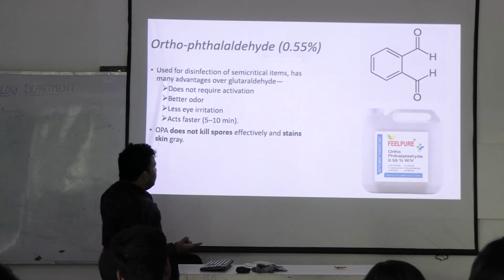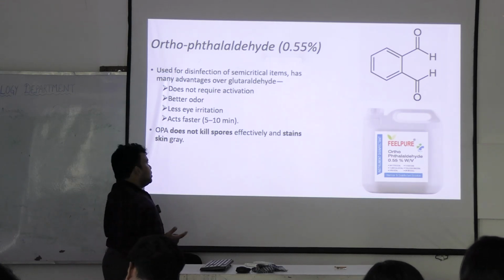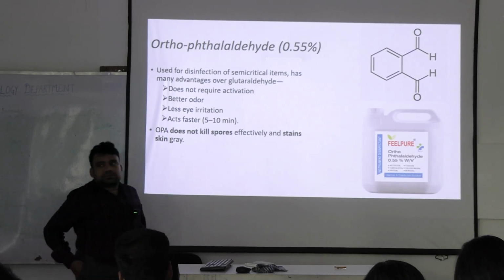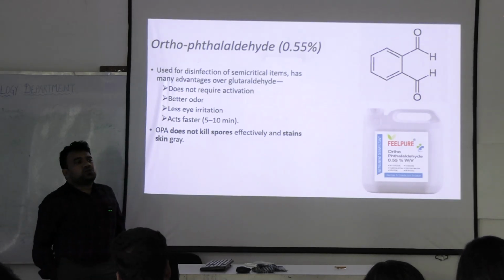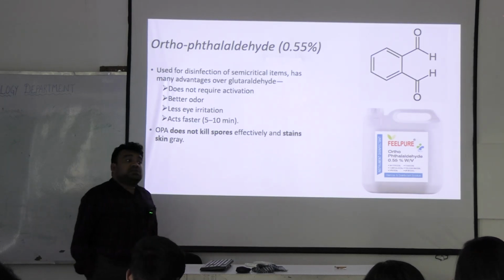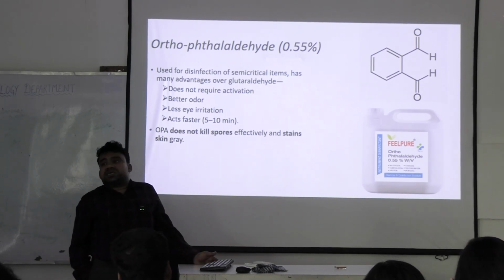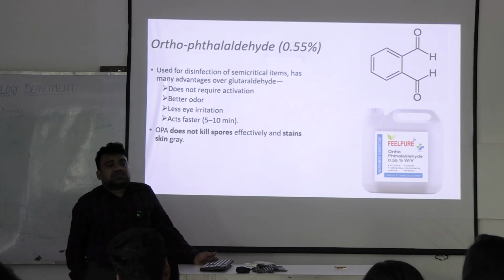It has less odor, less irritant, but it does not kill spores, so you cannot use it as a sporicidal agent. However, it does produce staining of intact skin. If it comes in contact with skin, it causes discoloration of the skin. So all the protective equipment must be maintained.